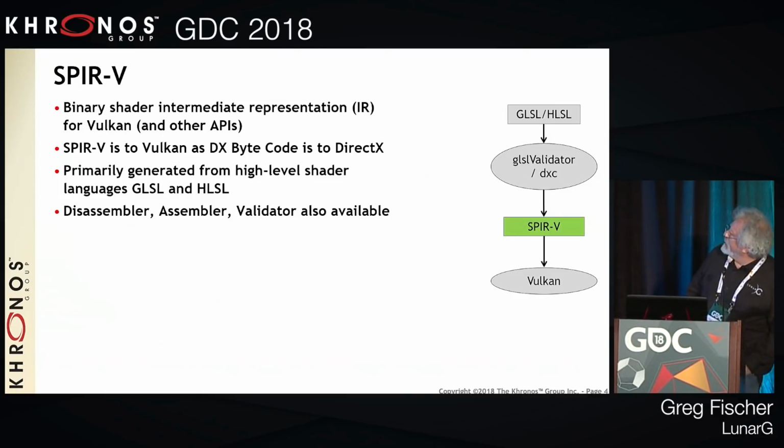The GLSlang validator, which is part of the GLSlang project in Khronos, has been around for a while and has just recently been adapted to parse HLSL as well, and that generates SPIR-V.